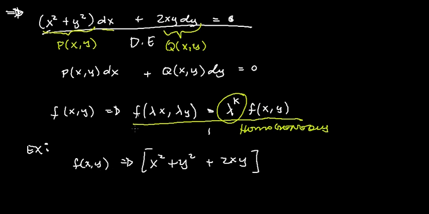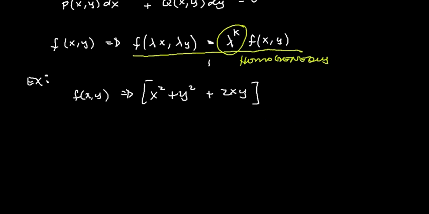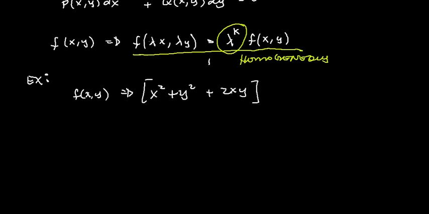To determine if it is homogeneous, we try to apply the indicator lambda to x and y.